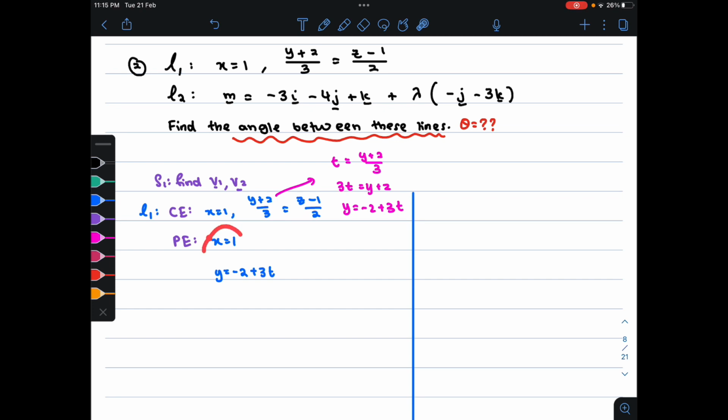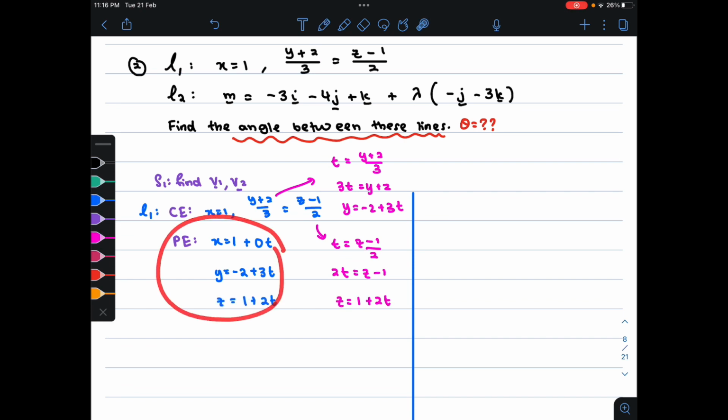Oh, sorry. x equals 1 is actually 1 plus 0t. Next is (z minus 1) over 2. And this is the parametric equation. Next, we need to change it back to the vector equation.